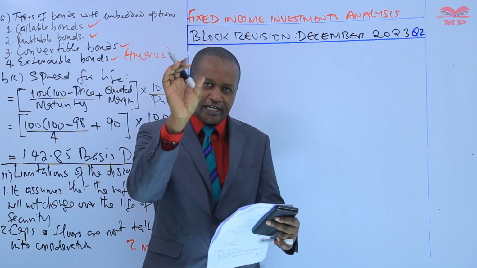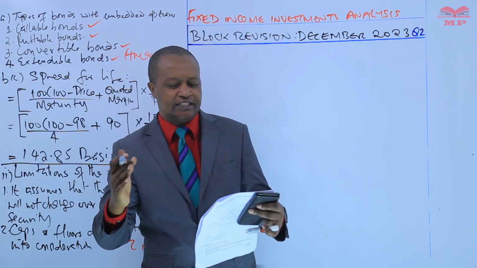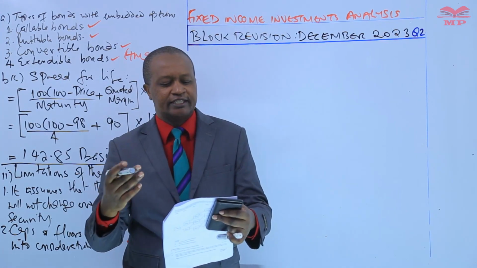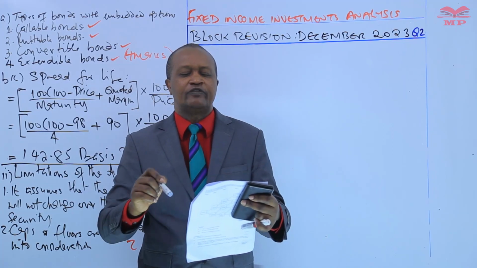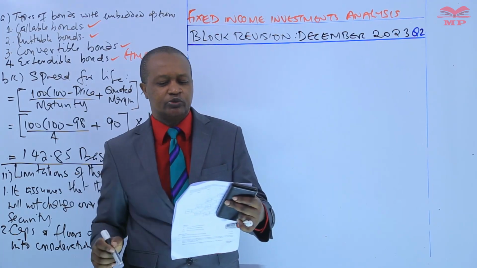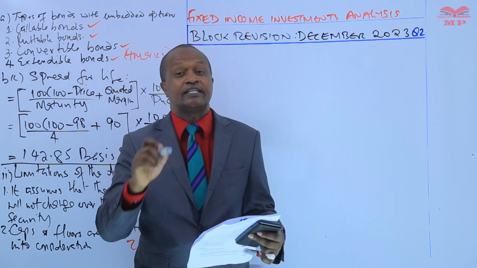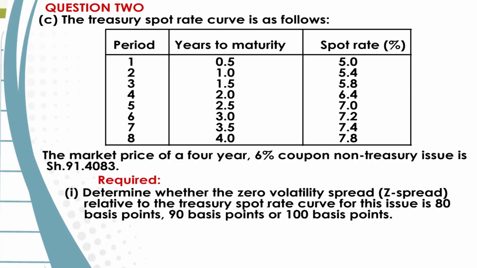Then the present value that corresponds to the market price of the non-treasury issue will be the Z spread. So that's the approach. First of all, we are going to calculate the present values at 80, 90, and 100 basis points.